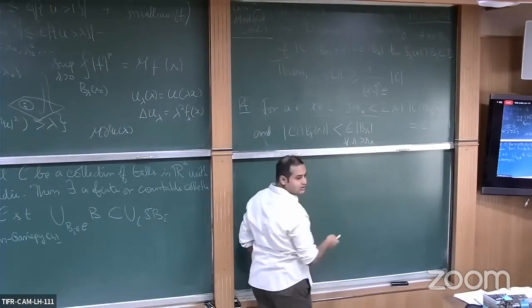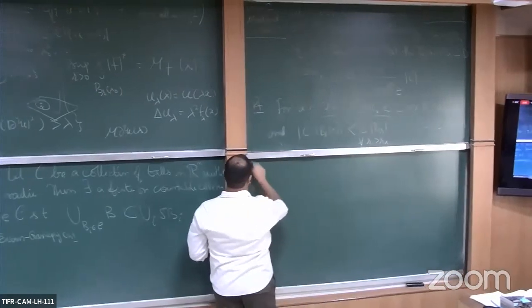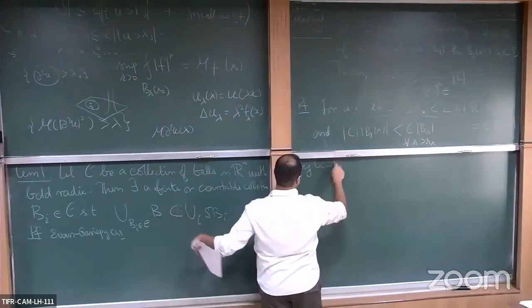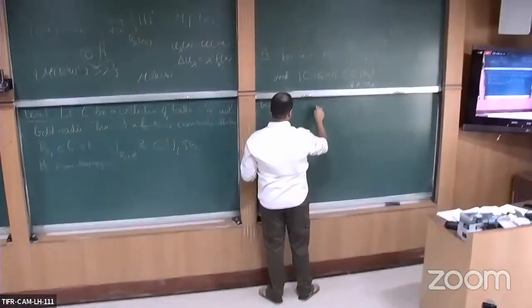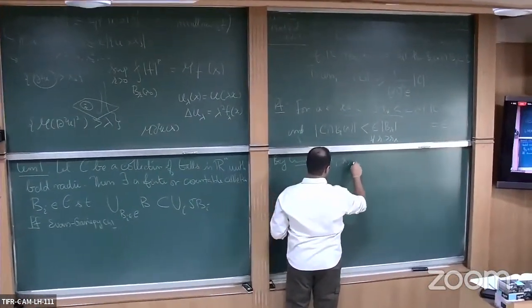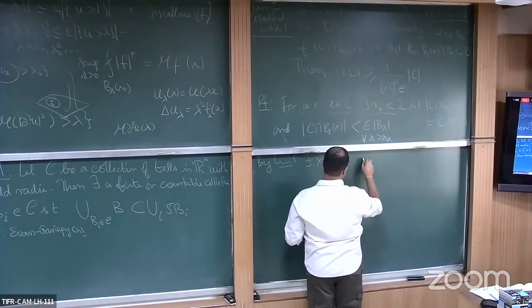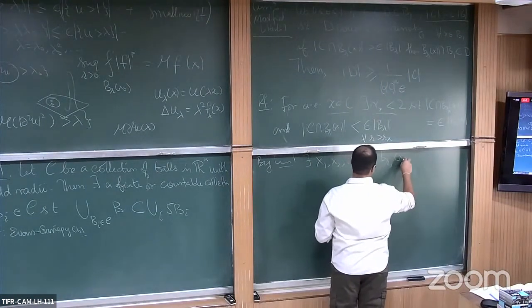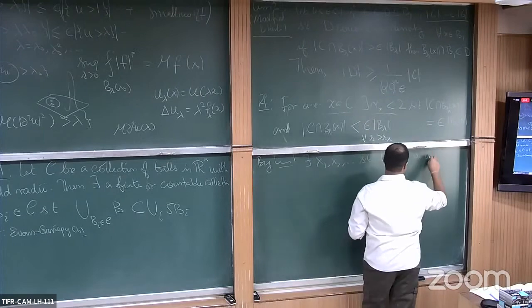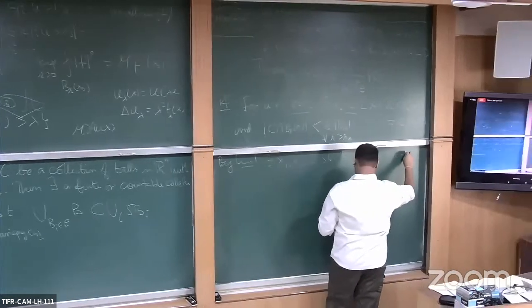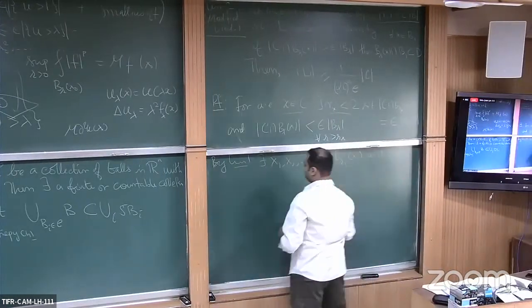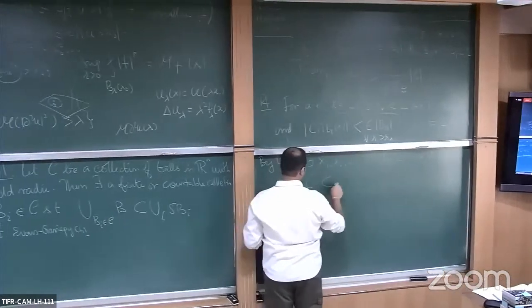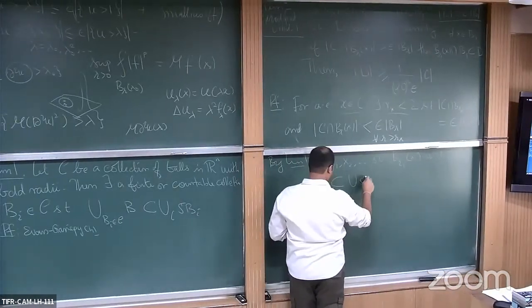By number 1, there exists a choice of points such that the balls B(r_i, x_i) are disjoint, and I can cover C by 5 times these balls.